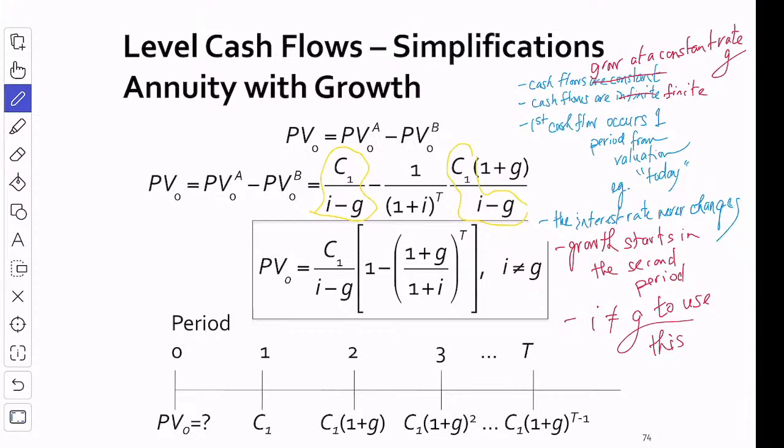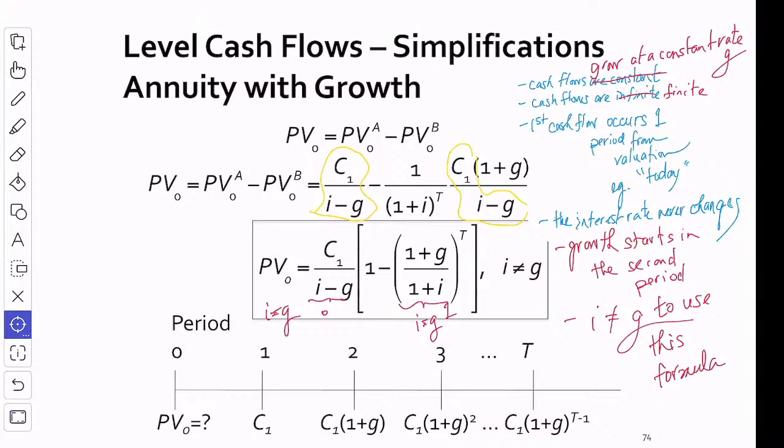What happens if I equals G? If I equals G, this would be a 0, and this would be a 1, so you would end up with 0 on the bottom and 0 on the top, because it would be 1 minus 1, which would be 0.